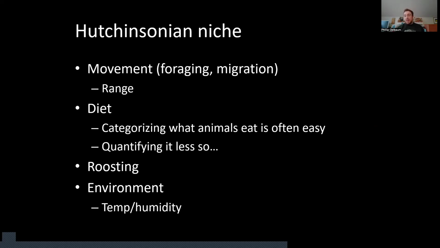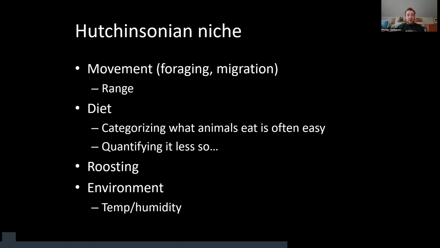As I said, some of these dimensions are easier to measure than others. Movement, for example, we can track bats while they're foraging, examine both their home range and potentially migratory range using tools like MODIS. Diet, we typically will look at studies in diet and ecology, so we can characterize what these animals eat.